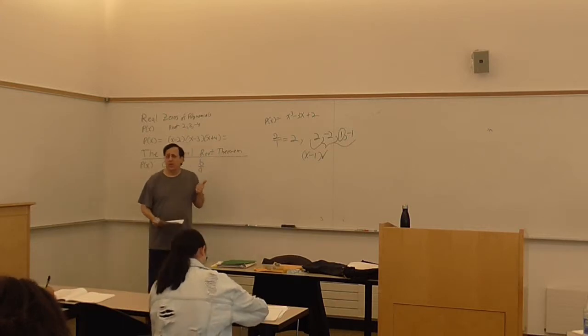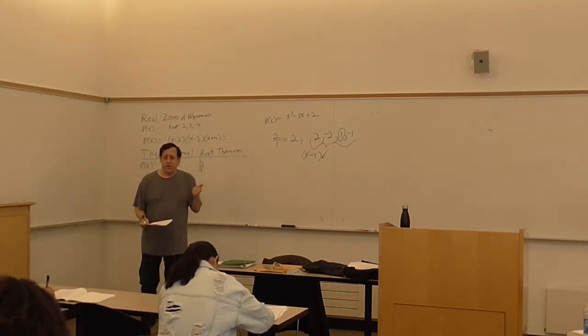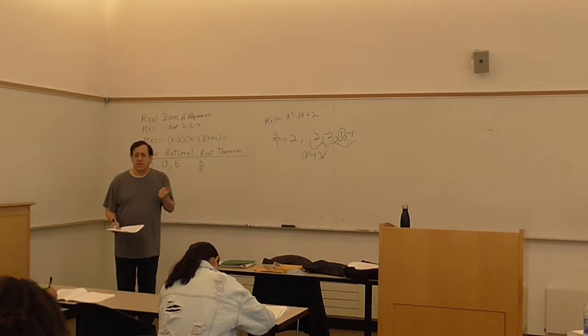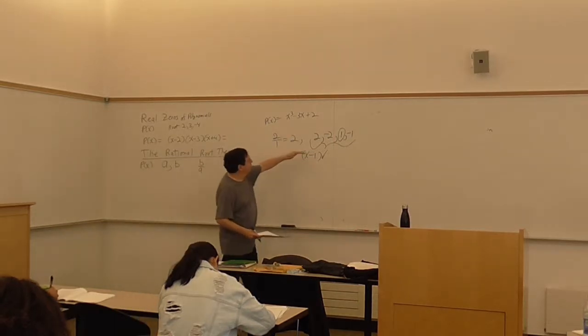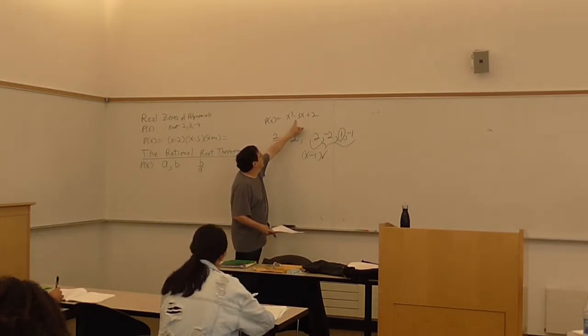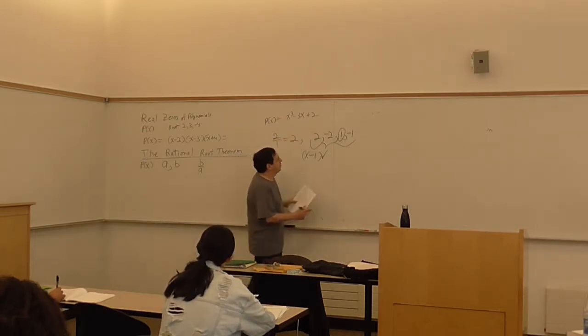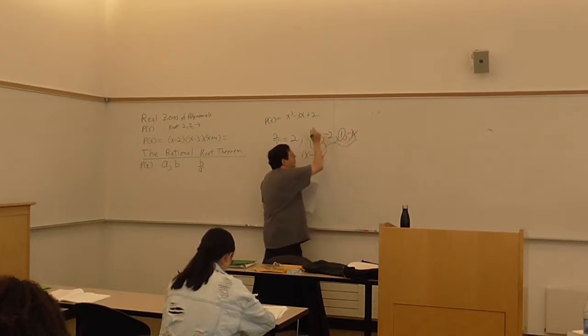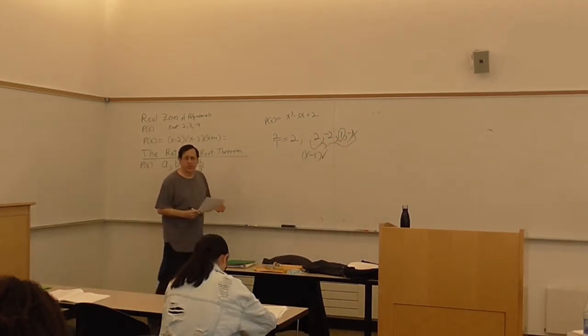Well, since this is third degree, that's really all we need. I mean, we can check these other numbers. We can check minus 1. So minus 1 plus 3 plus 2, that's not going to be a root. We could go through the list, but we don't really have to at this point.